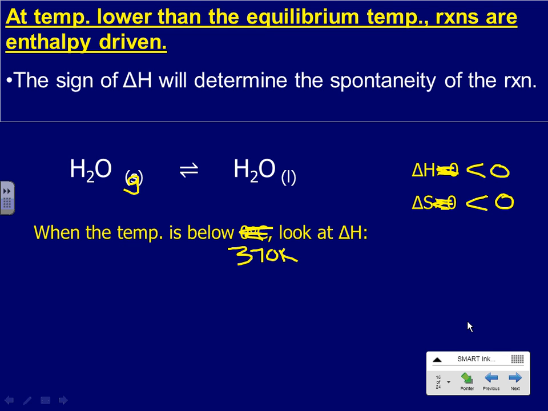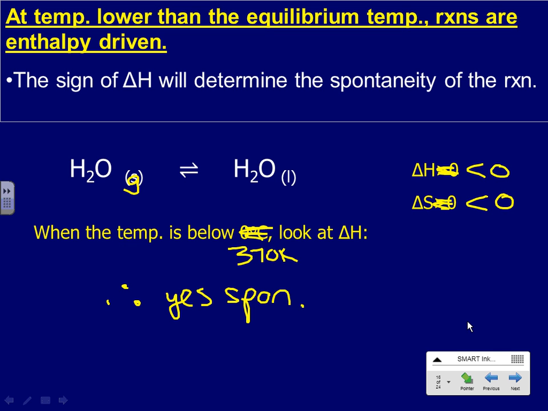Does the universe like a negative delta H? The answer is yes. So because the delta H is negative, at temperatures lower than the equilibrium temperature, it will be spontaneous. So when the temperature is below 370, look at the delta H, therefore, yes, spontaneous.